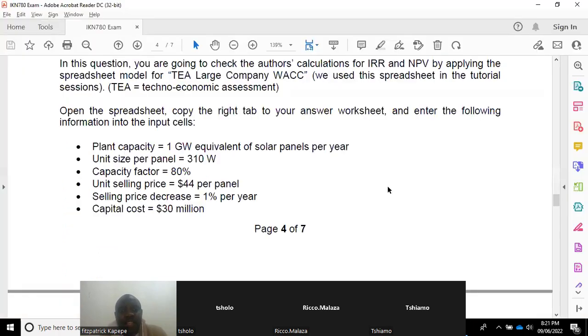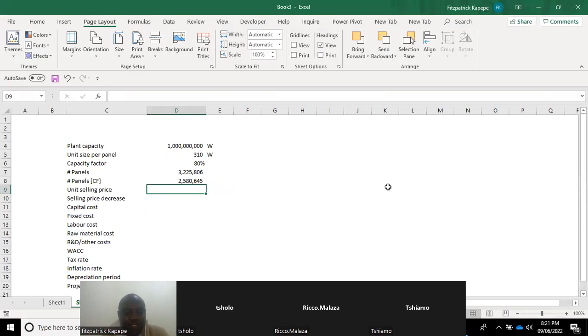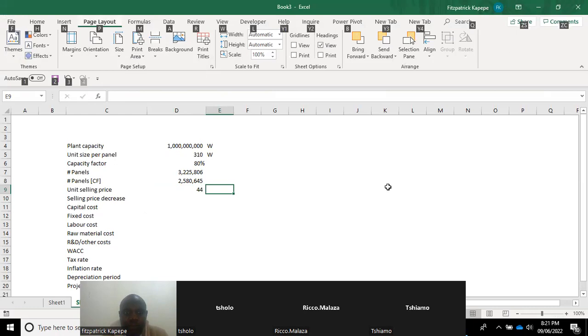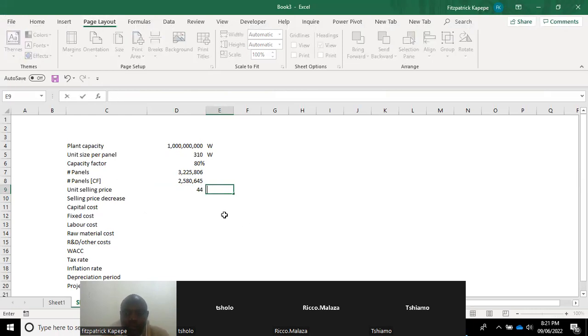Okay. Then the unit selling price is $44 per panel.